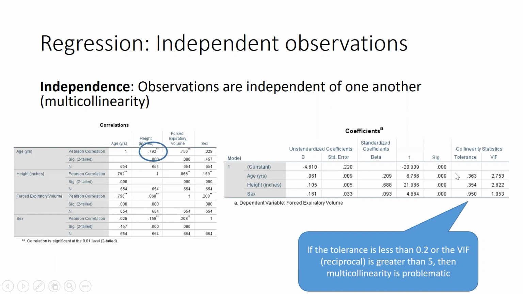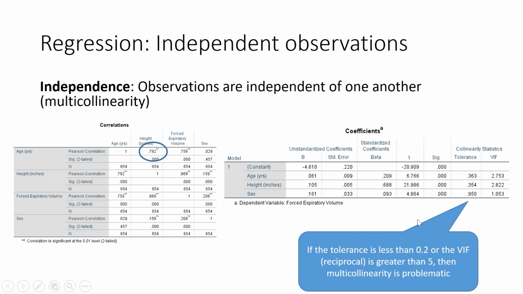One is called tolerance, one is called the variance inflation factor, which is the reciprocal of tolerance. The rule of thumb is that if the tolerance is less than 0.2, or the variance inflation factor is greater than 5, then multicollinearity is problematic, and you have to address that.